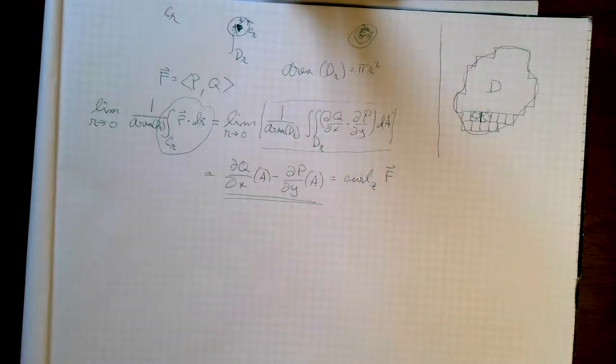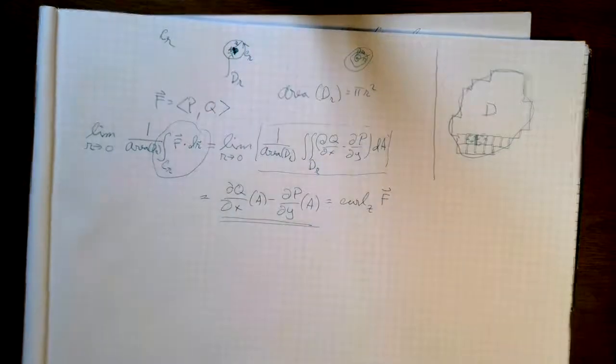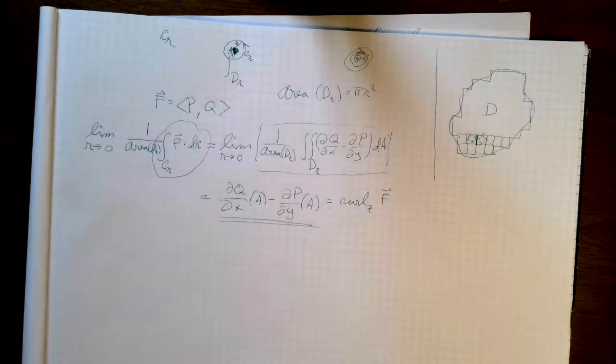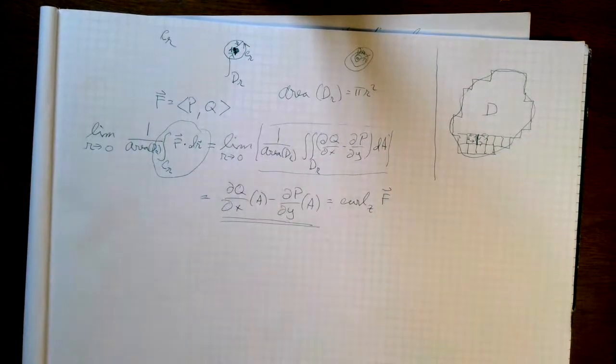All right, so we'll do more on Green's theorem next time. This was just some general stuff. We'll do some actual examples and some applications of it next time. This was more about what it is, how it works, and what it tells us. Actually, in some sense, this is an application, to figure out what the curl is.